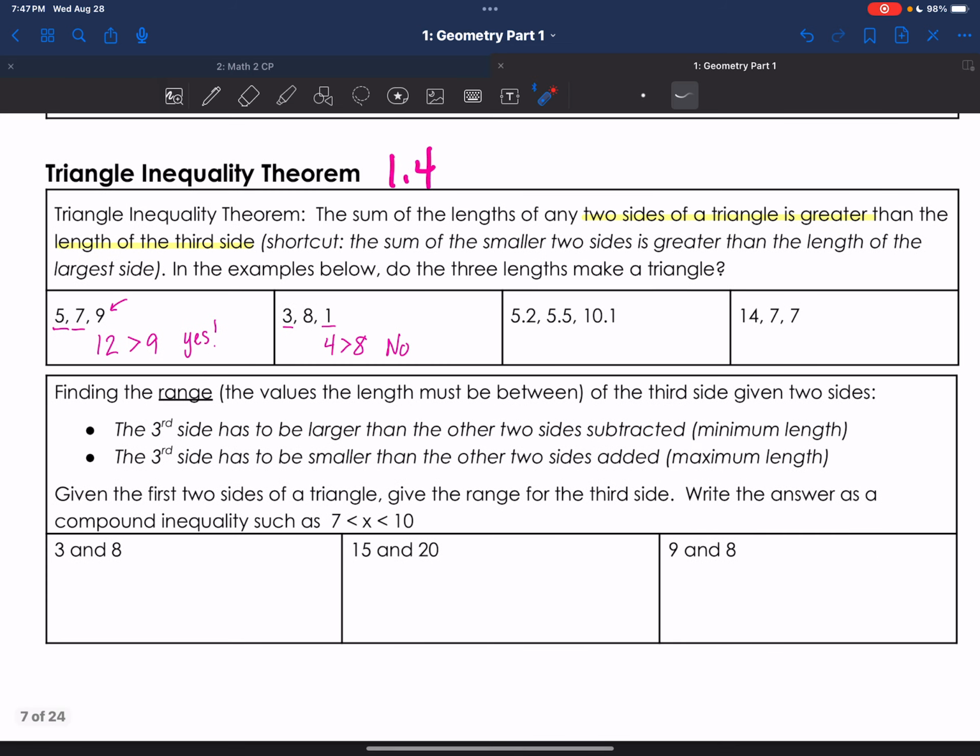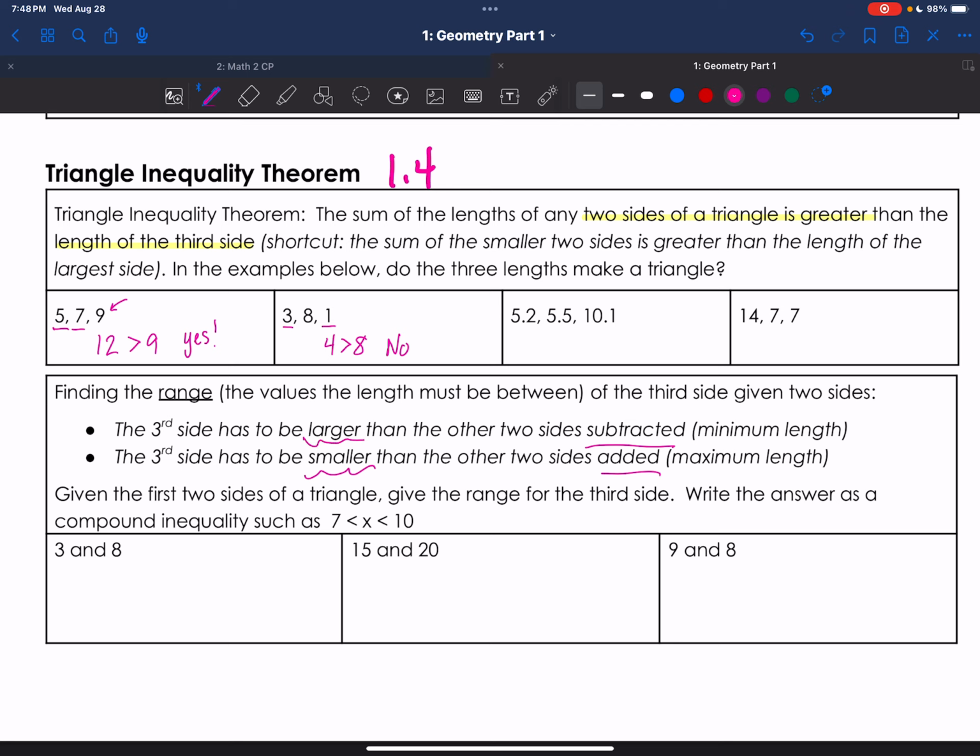And now we're going to talk about finding the range. To find the range, you're just finding how much the length is between the two values. It's pretty easy when you think about this. It says here that the third side has to be larger than the difference of the other two sides, so you're basically going to subtract one way. And the third side has to be smaller than the sum of the other two sides, so you're going to add.